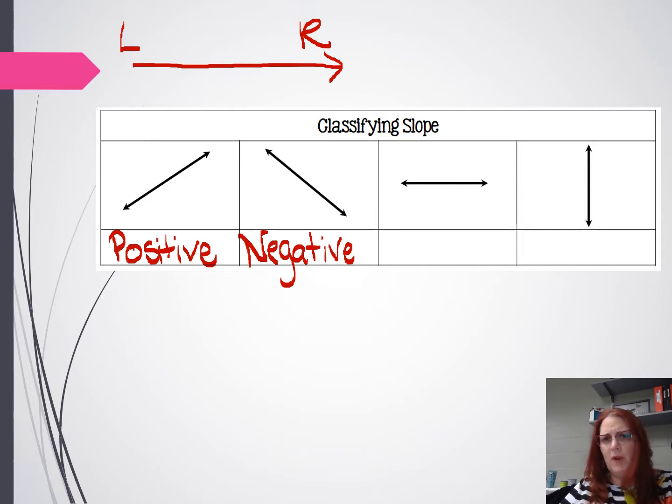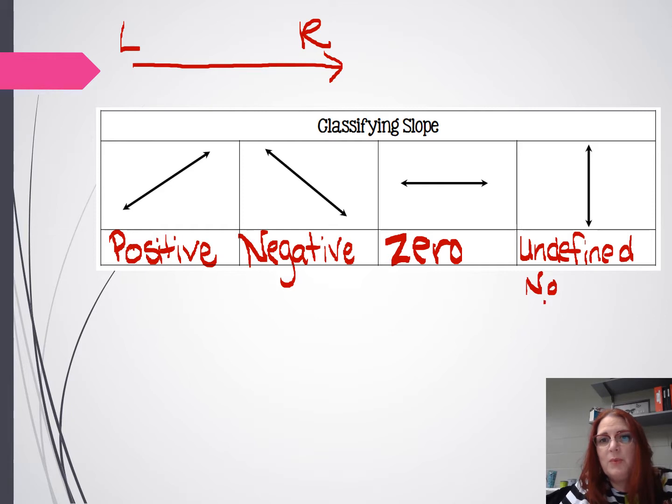What if it doesn't move up or down? It's not going up, it's not going down, so it's a zero slope. What if it doesn't move left to right at all? It's just a vertical one. We're going to call that one undefined, or no slope.